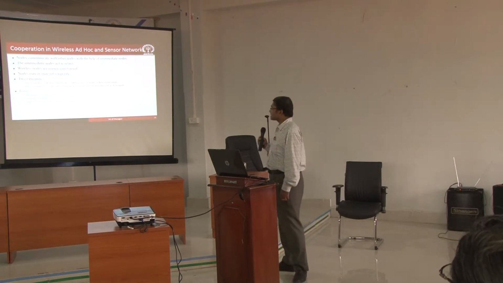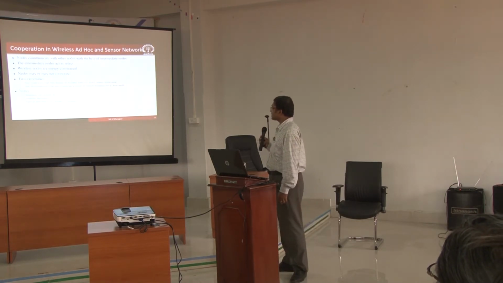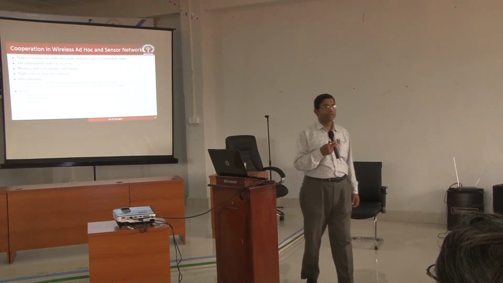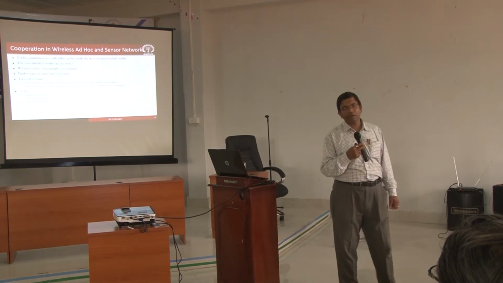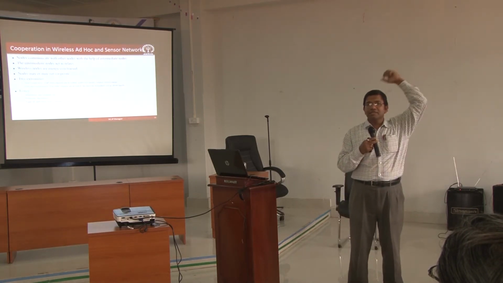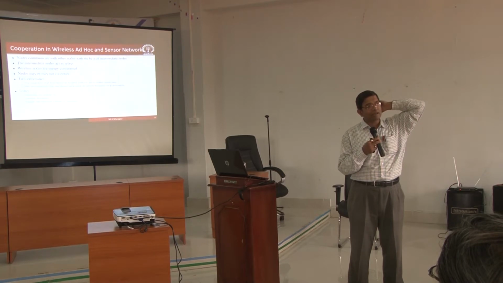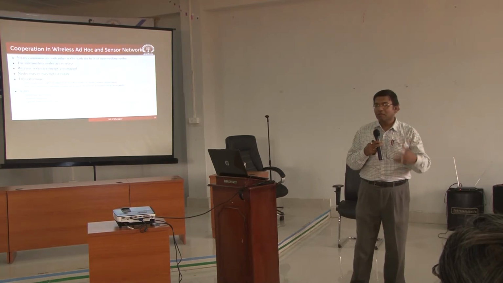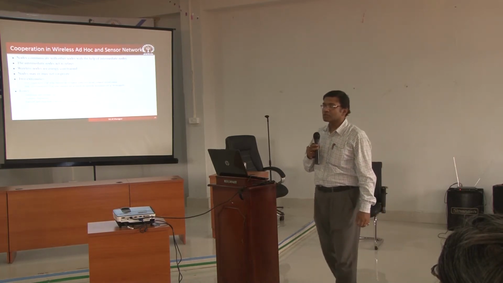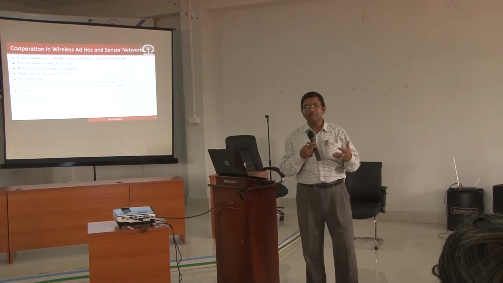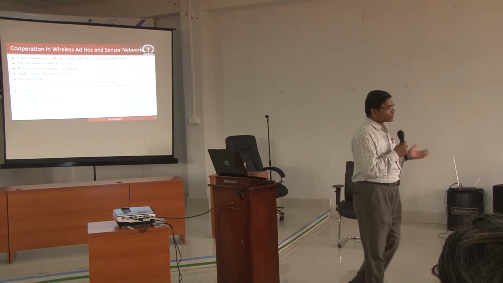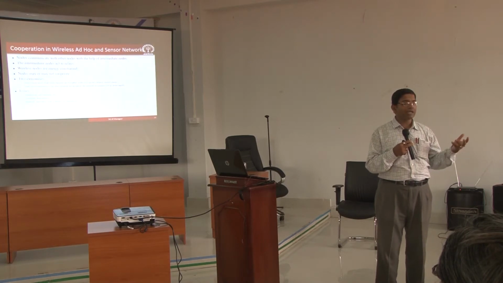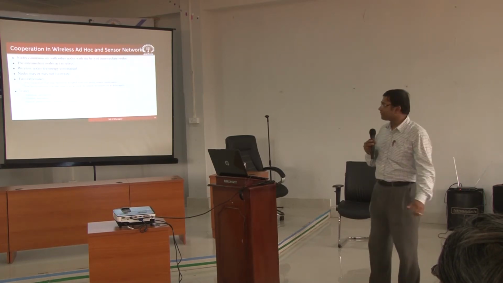Total cooperation is the scenario where all relay requests are accepted, and the nodes will consequently run out of energy very soon. In this kind of approach, it is very easy to launch a denial of service attack, because if you flood a particular network with properly behaving nodes, these nodes are all going to forward the packets that they receive, and consequently they are going to die out of their limited energy very fast.